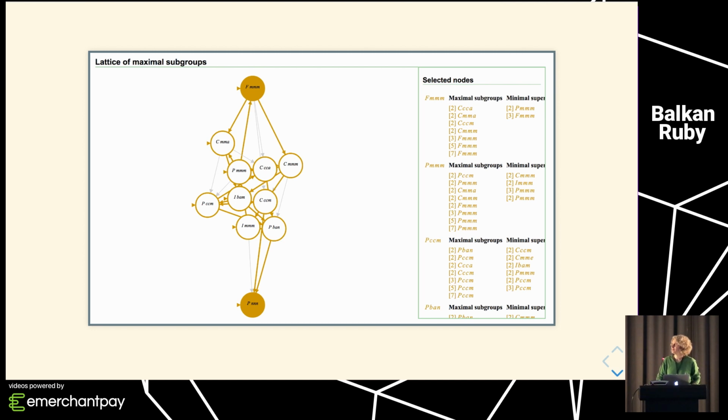In fact, we know that there can be at most 230 nodes in our graph, so it's very manageable. We started first with just traversing the graph to find some information about it. And now, last year, we had to develop an algorithm for finding shortest paths in this graph.